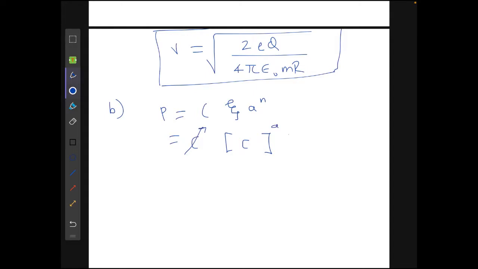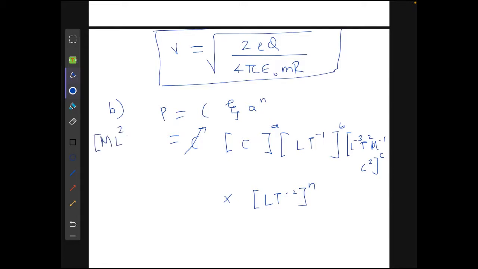Let's assume the charge is to the power a, multiplied by the speed of light, which has dimensions of L t to the power minus 1, to the power b, multiplied by epsilon naught, which has the dimensions of L to the power minus 3 t squared m to the power minus 1 C to the power 2, where C is the coulomb, to the power c, multiplied by acceleration, which is L t to the power minus 2, to the power n, and this must equal the dimensions of the power, which are m L squared t to the power minus 3.